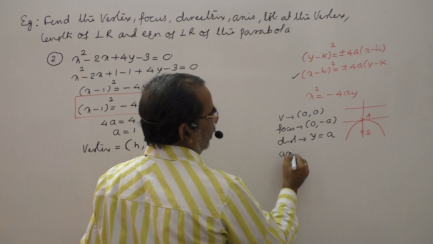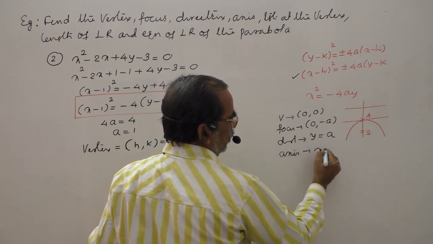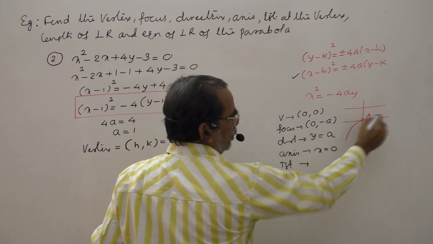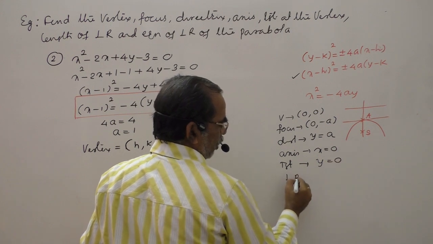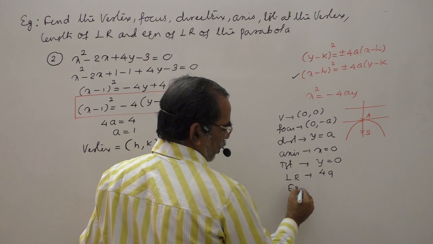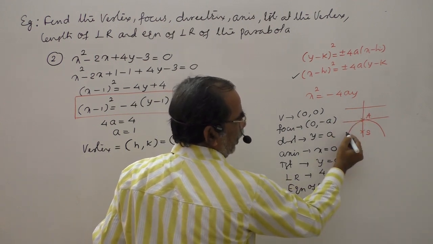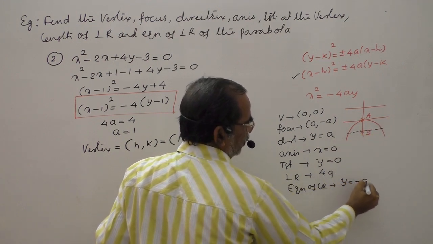Next, its axis. What is its axis? Y-axis. That means x equal to 0. Next, tangent at the vertex: x-axis, y equal to 0. Length of the latus rectum 4a. Equation of latus rectum: y is equal to minus a.